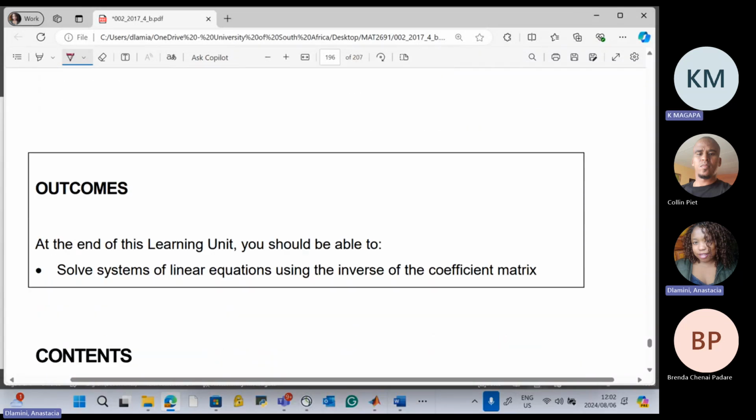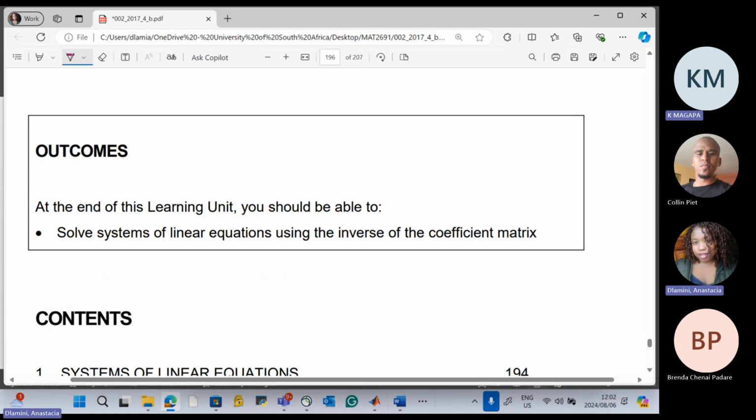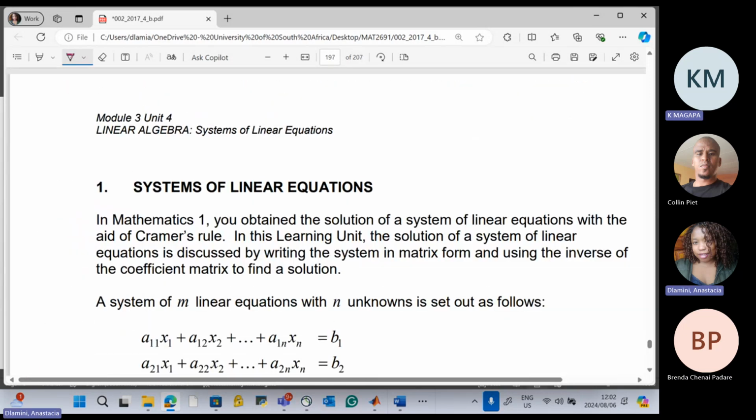Now this says at the end of this learning unit, you should be able to solve systems of linear equations using the inverse of the coefficient matrix. Did you hear that? Yes, ma'am. Systems of linear equations.